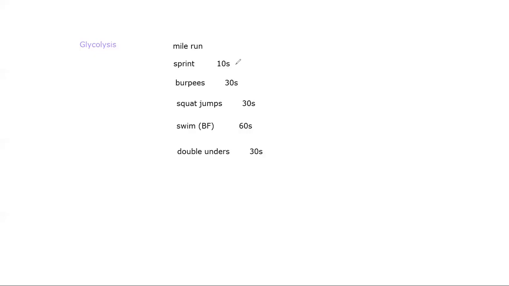What's going to happen is these sprints are probably going to be really slow. These burpees are going to be ugly. You're going to maybe get 3 burpees done here because you're so exhausted from the run and the sprint. So that's no longer going to be anaerobic.